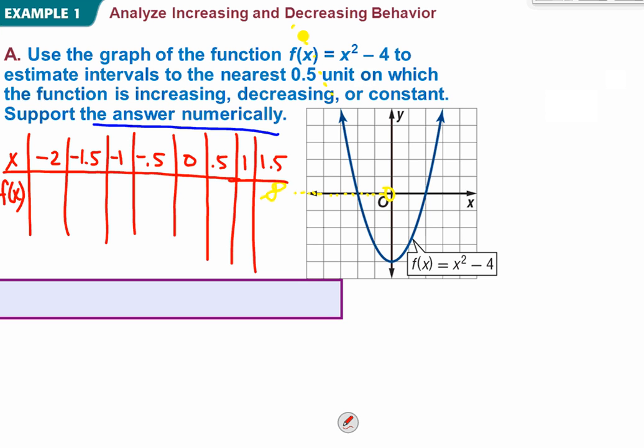And I'll need a little help with that table. This table is very easy to make on your calculator, so just type in y1 as x squared minus 4.